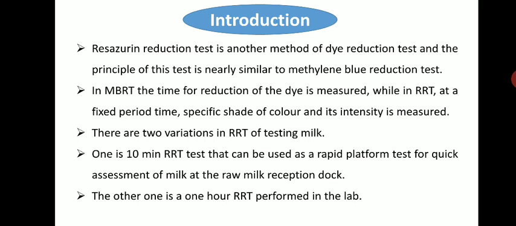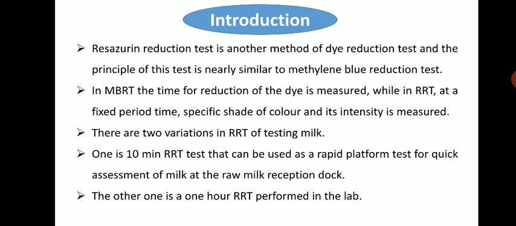There are two variations in RRT of testing milk. One is the 10 minutes RRT test, which can be used as a rapid platform test for quick assessment of milk at the raw milk reception dock. The first test is considered rapid because it is performed within 10 minutes.